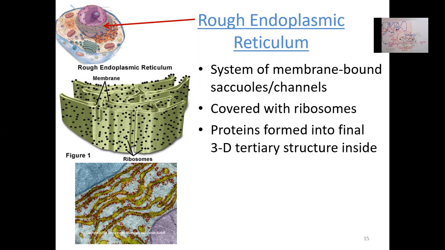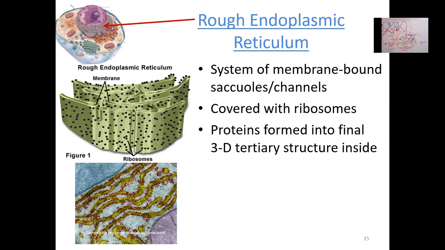Okay, so what exactly happens in the RER? Well, in the RER, the proteins, right, which are made by the ribosome, are folded. Remember that proteins have a primary, secondary, tertiary, and sometimes even quaternary structure. So in the RER, the first couple levels of folding or structures are going to be formed. This is the primary structure in the ribosome.